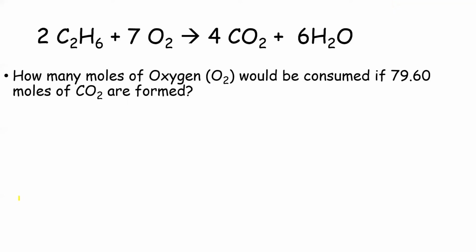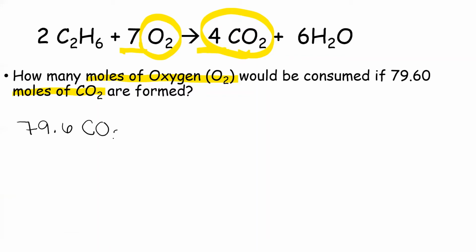This next problem is asking me how many moles of oxygen can be consumed if I have 79.6 moles of carbon dioxide. So once again, I'm going between oxygen and carbon dioxide, so I need to pay attention to these coefficients. I know in my problem, I'm starting off with 79.6 moles of CO2, so that's what I'm going to put on top.